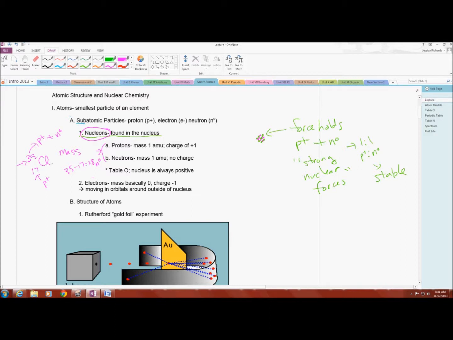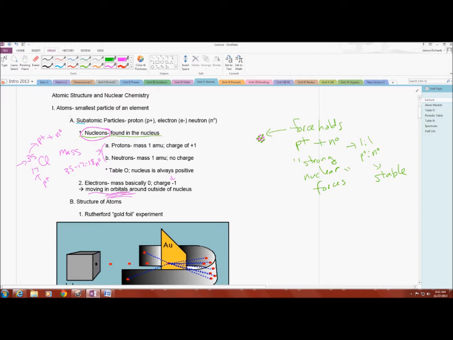If this chlorine is a neutral atom, it's going to have an equal number of electrons as protons because electrons are -1. So if there's 17 positive protons, we're going to need 17 negative electrons so that our total charge is 0. Electrons are found in regions called orbitals. We will talk a lot about the orbitals, and we'll talk about orbital notation.